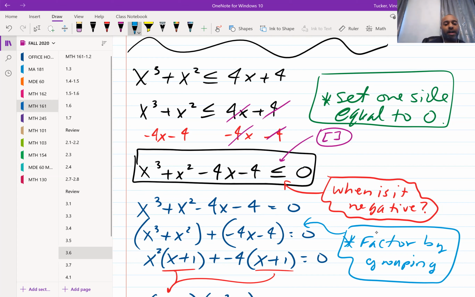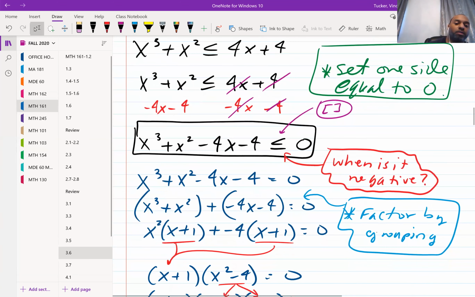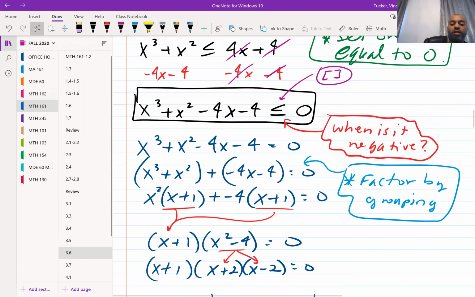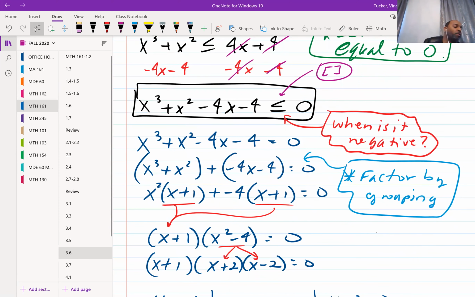Pull the GCF out of each set of parentheses. So x squared is what I pulled out of the first set. Negative 4 is what I pulled out of the second set. Leaves x plus 1 in the parentheses. Factor out x plus 1. That leaves me with x squared minus 4. Then x squared minus 4 factors into x plus 2, x minus 2.